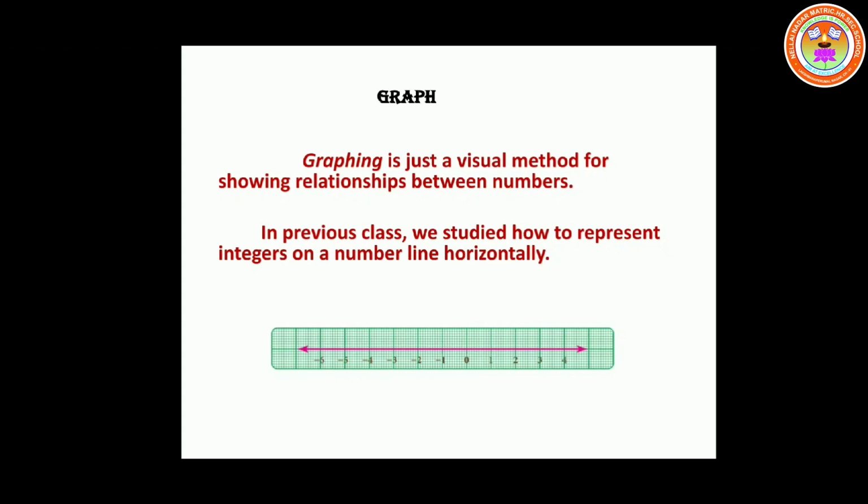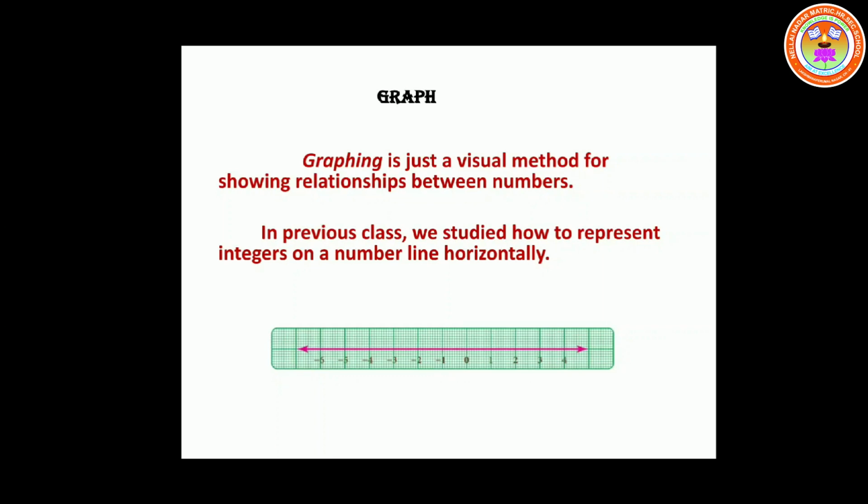What is graphing? Graphing is just a visual method for showing relationships between numbers. So, you are going to visually show the relationship between numbers using a graph. Now, in your previous class, that is in your lower classes, we studied how to represent integers on a number line horizontally.